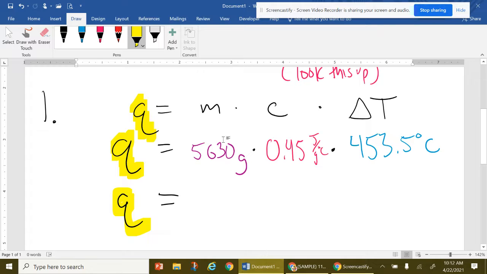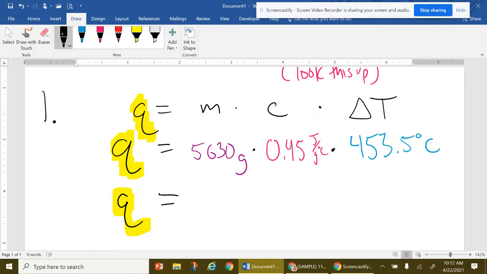Okay, so guys, we just multiply all these things together, and I plug it into my calculator. 5,630 times the specific heat of 0.45 times the temperature change of 453.5, and I get as my answer, and it's a big answer, guys.